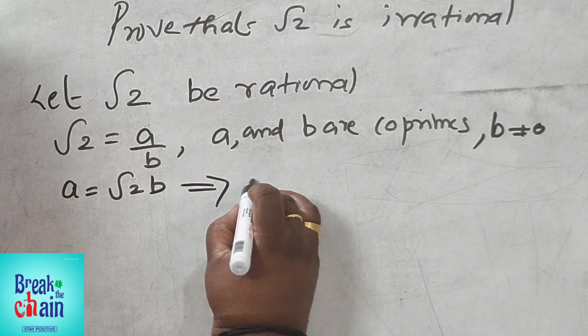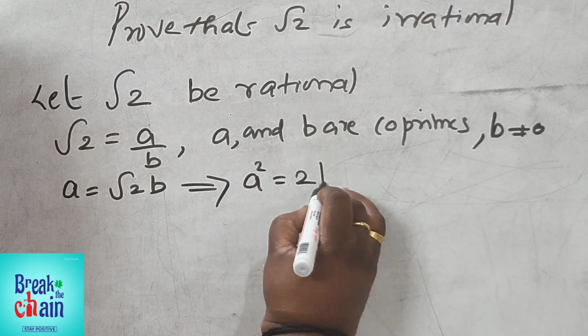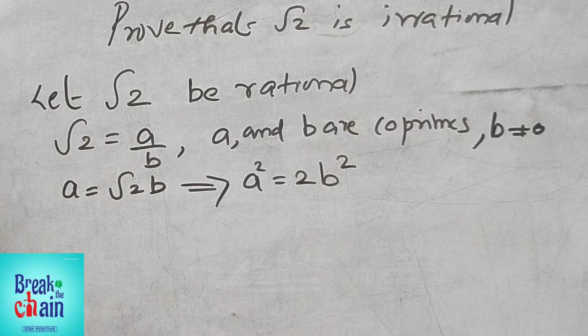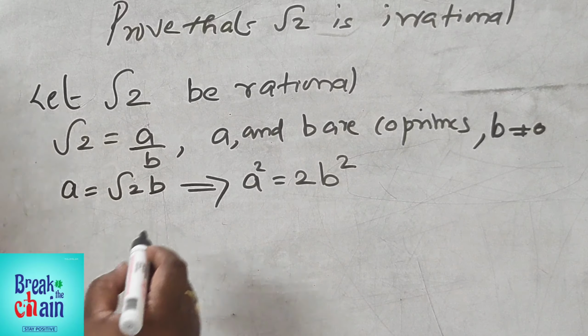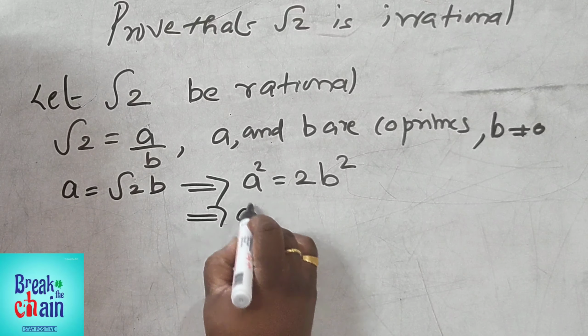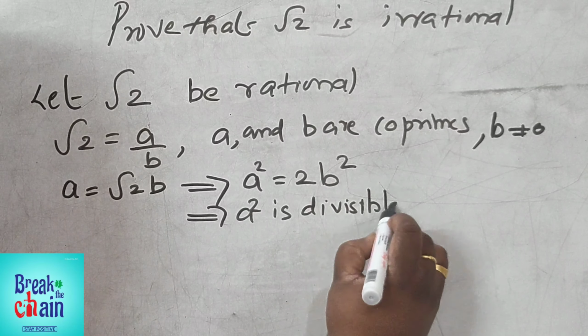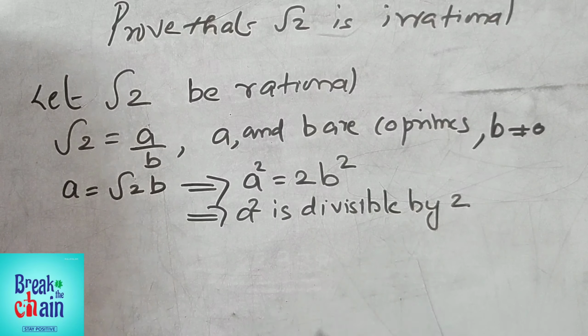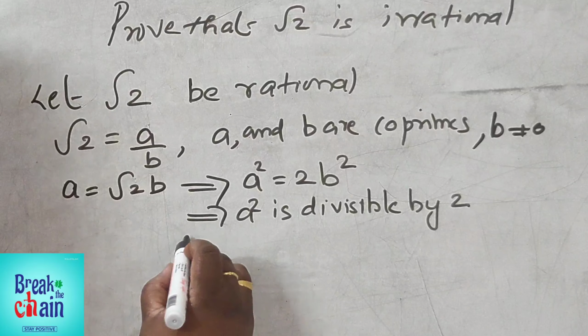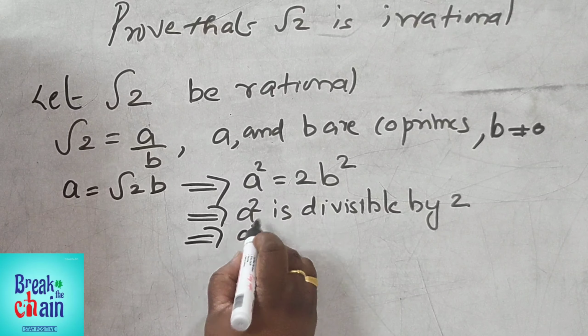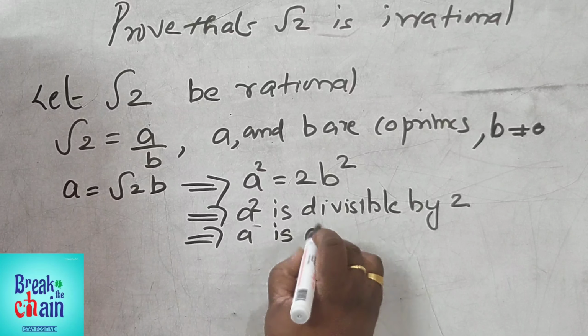We can square it: a square equals 2b square. What does that mean? This means that a square is divisible by 2. Now if a square is divisible by 2, a is also divisible by 2.